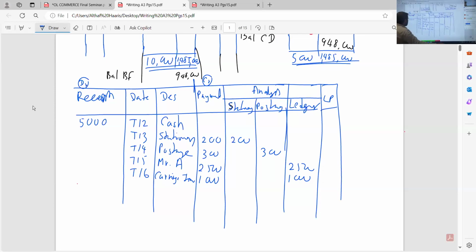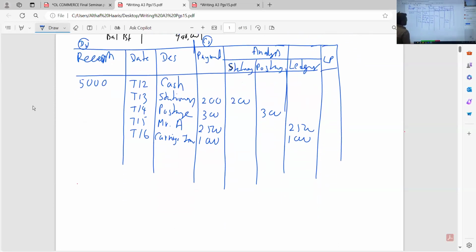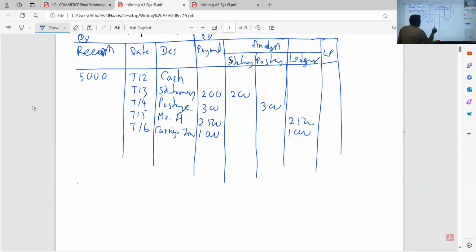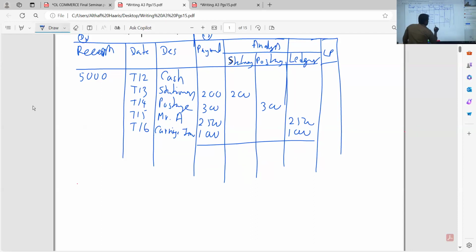Cool. So here, let's take the values. Take the totals, people. Take the total values. So even for the ledger, do we need to put the format? Same question. Ledgers, T accounts, format is not a must.